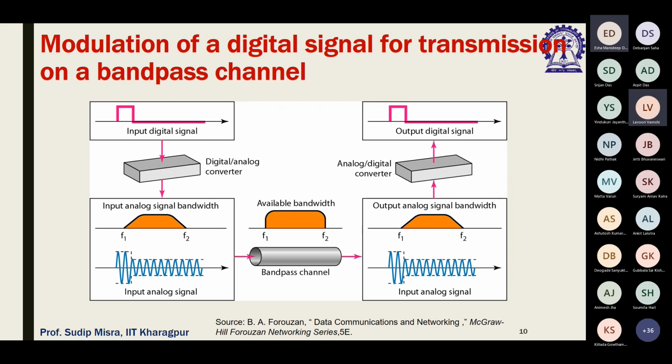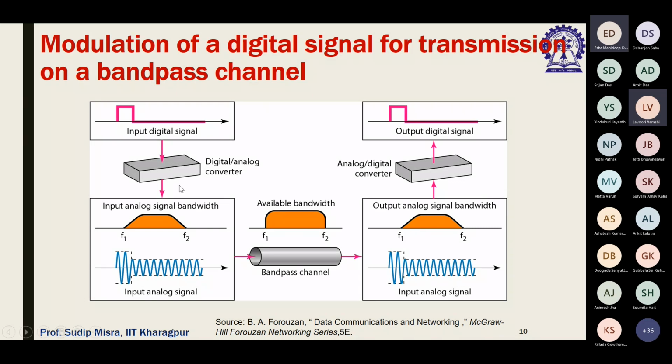The input digital signal will first have to be converted to the analog form, right? Then the input analog signal will have to pass through this particular channel, and then the same thing goes on all the way up to the recipient. So there is the output digital signal like this.